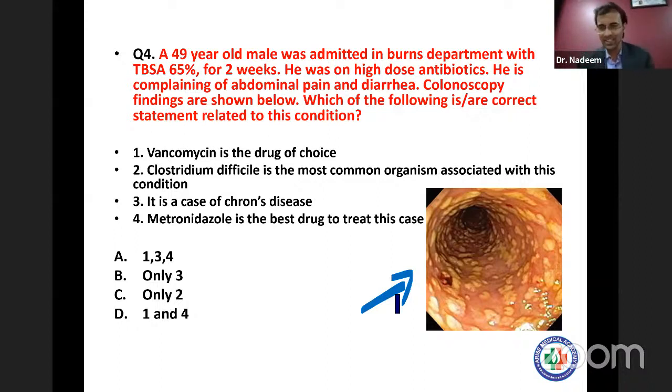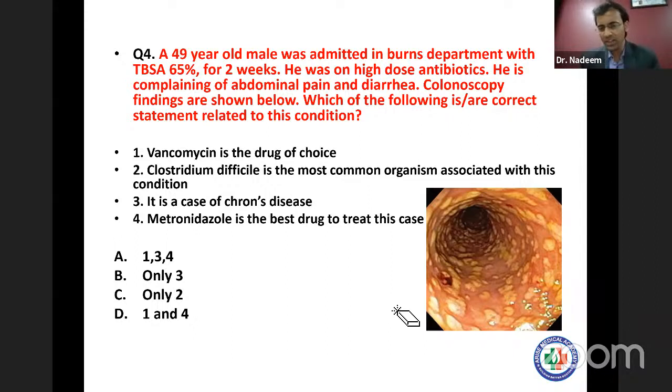So when I see this photo, please understand that a long-standing case who is admitted in any ward and who is on high dose antibiotics. See, earlier it was mentioned that it was because of only clindamycin, but now it is shown that any antibiotics can cause this kind of situation.